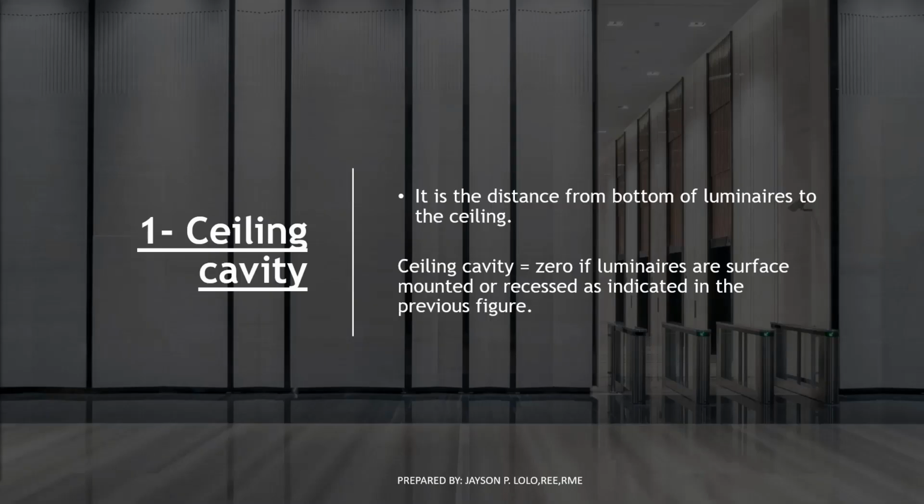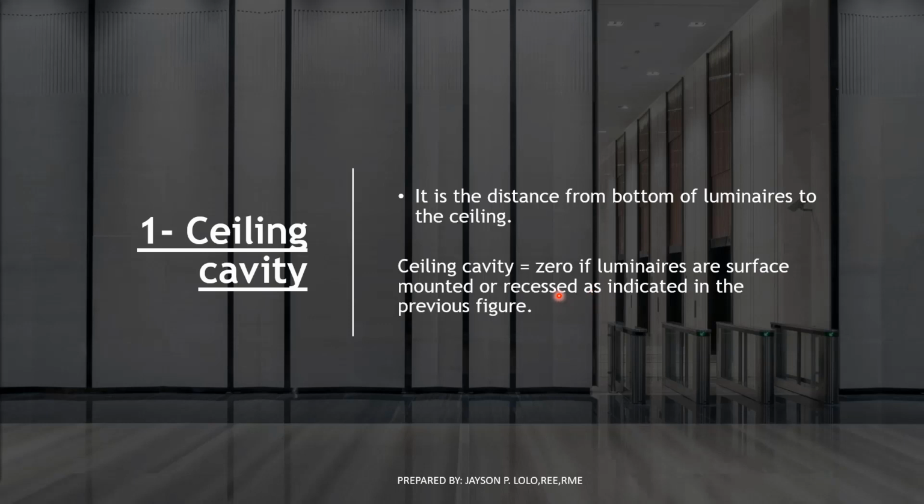Now, ceiling cavity, it is the distance between the bottom of luminaires to the ceiling. So the ceiling cavity is equal to 0 if luminaires are surface mounted or recessed. So this we are commonly using. That is why the ceiling cavity is automatic 0.